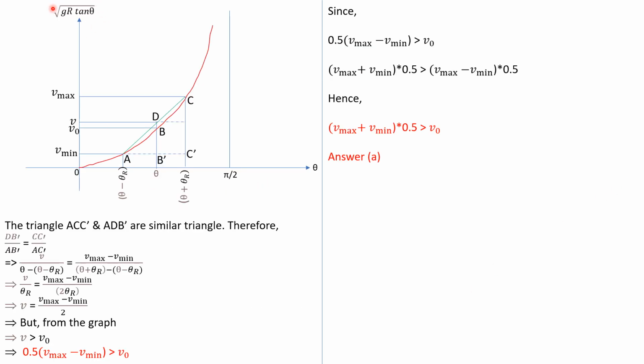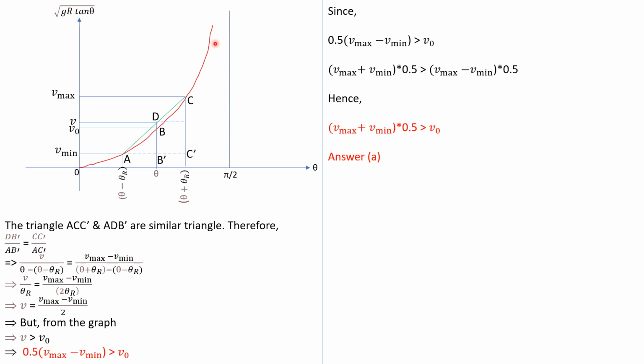Now we will draw the graph for square root of g r tan theta. The red is the graph. You can easily visualize that the graph will be concave and will be increasing from 0 to 90 degrees.